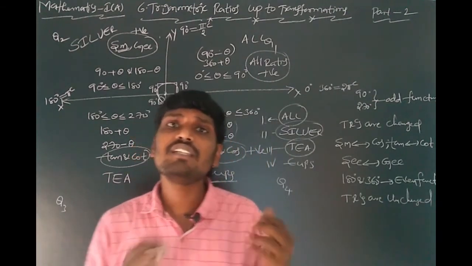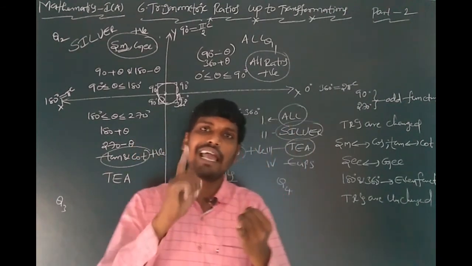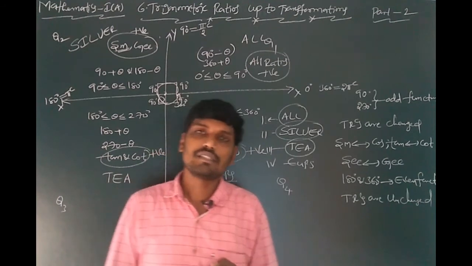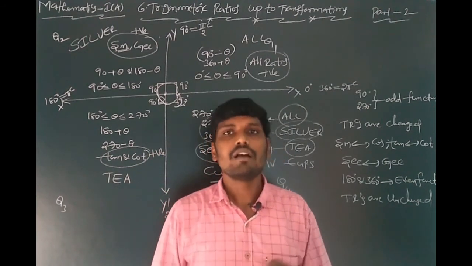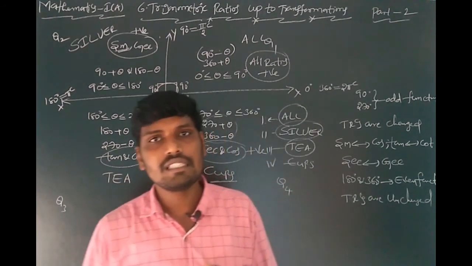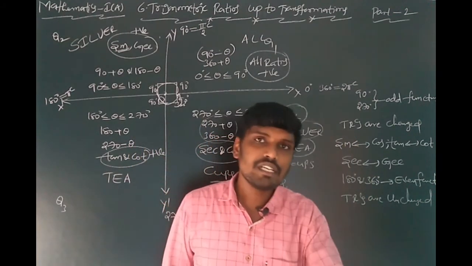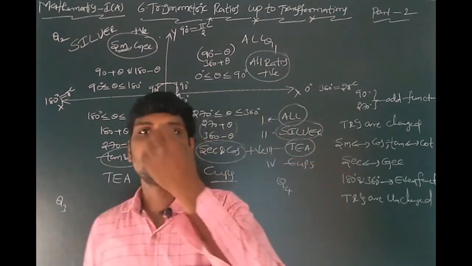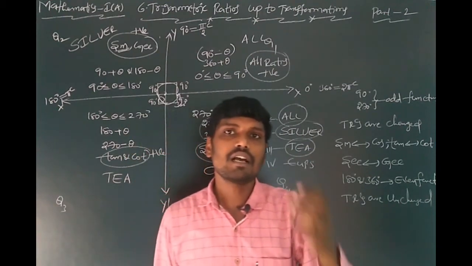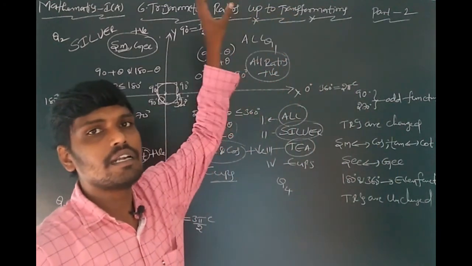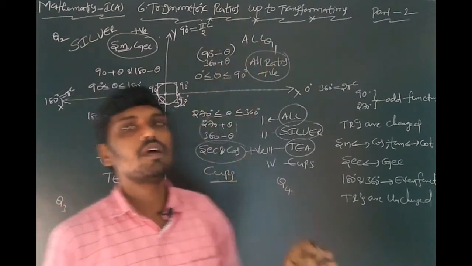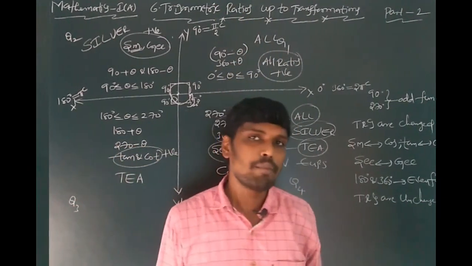What is the meaning of unchanged? Sine is sine, cos is cos, tan is tan, cot is cot, secant is secant, and cosecant is cosecant. This is the concept of All Silver Tea Cups. This is very useful for solving trigonometry problems.